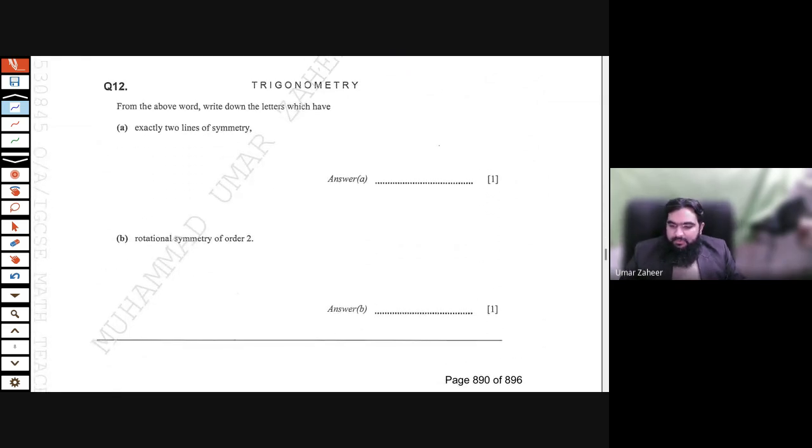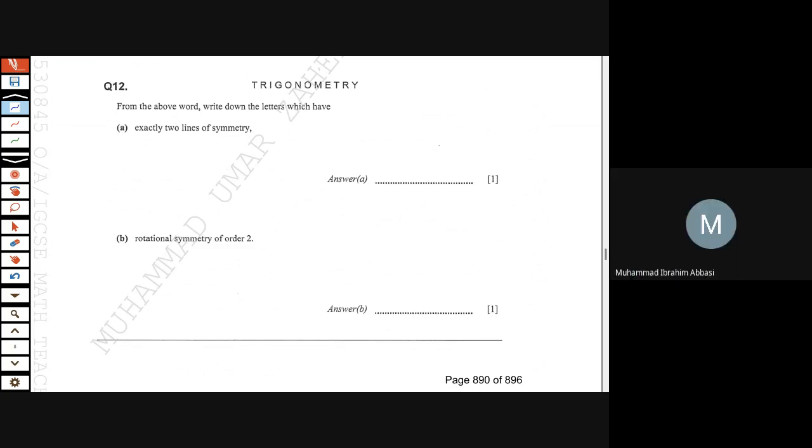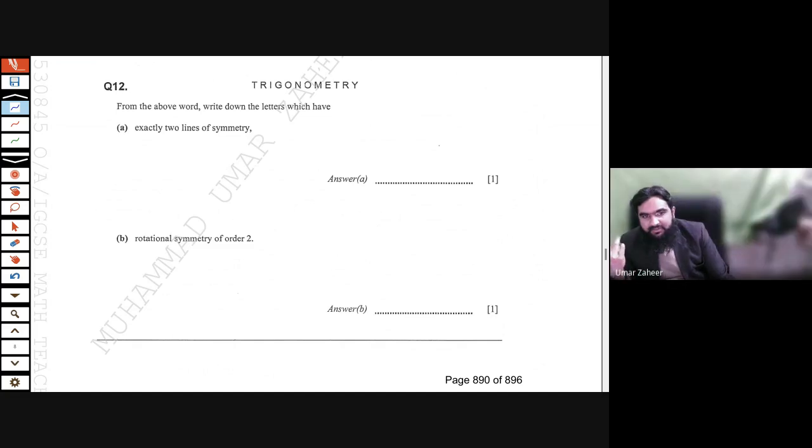Yes, from the above word, write down the letters which have exactly two lines of symmetry. Sir, O? No, O is infinite. He says exactly two lines of symmetry.